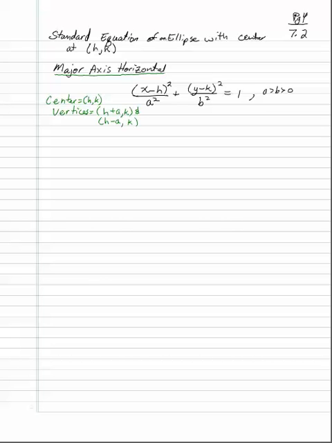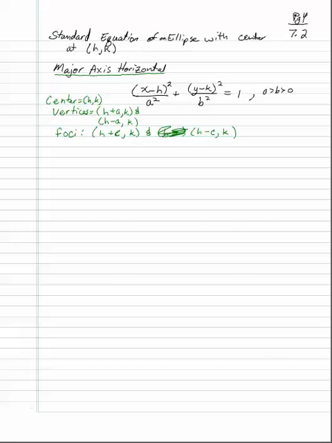Okay? And then our foci are going to be h plus c, k, c's for the focus, and h minus c, comma, k.